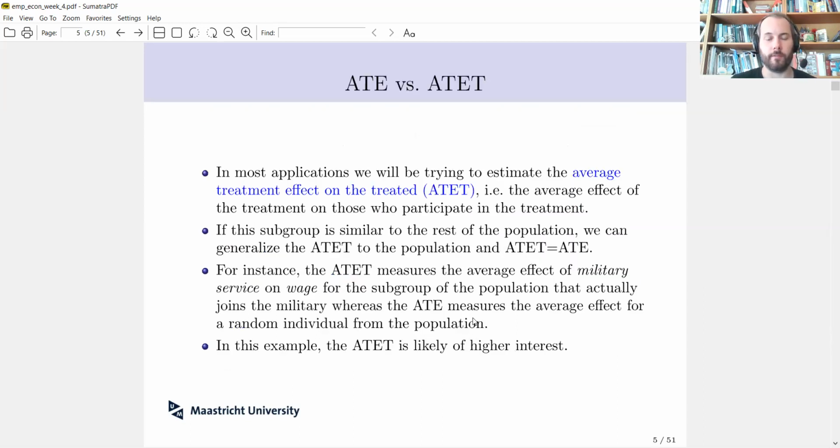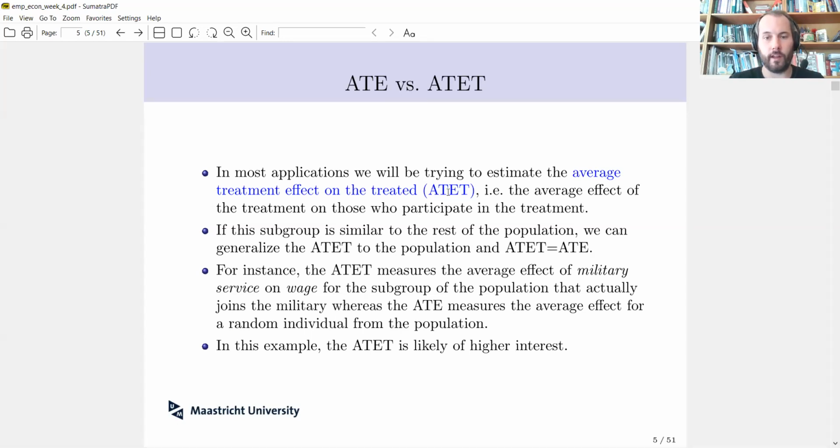Okay, so we have talked about the average treatment effect, but in the literature, you will also see this thing here, the average treatment effect on the treated. The difference is that here we really focus on a subpopulation. We don't consider the whole population that we do in the average treatment effect, but rather we focus on the subpopulation of those individuals that actually participate in the treatment.